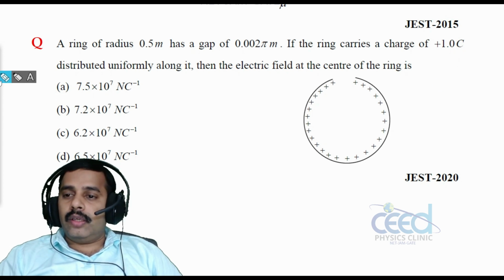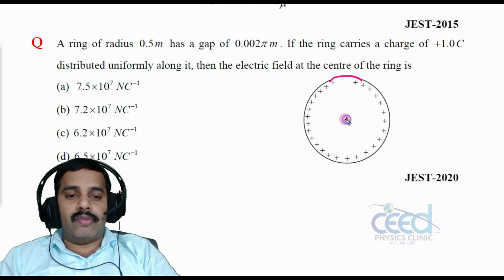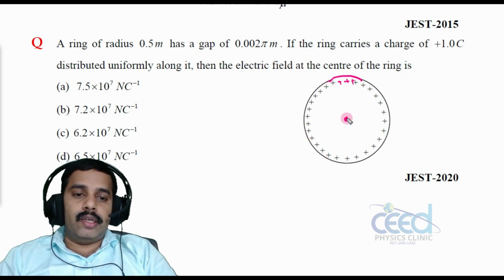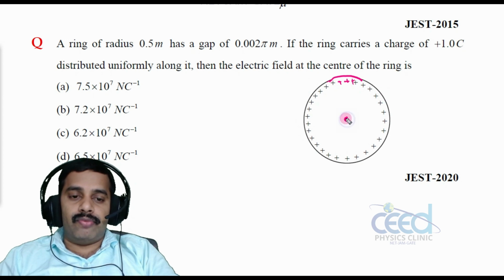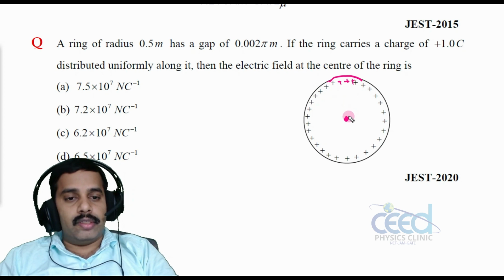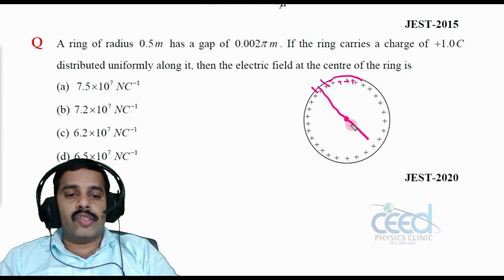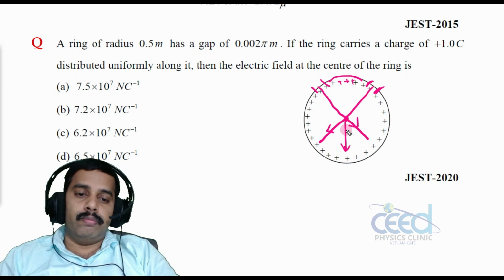So here you can see, if I am considering the full ring, right, what is the electric field at the center? Imagine I have the complete ring, then what will be the electric field at the center, right? So that means that will be 0. If I am considering a small elemental length, the electric field is in this direction, and symmetrically we have another part here, so that electric field is in this direction, so it is below, right?